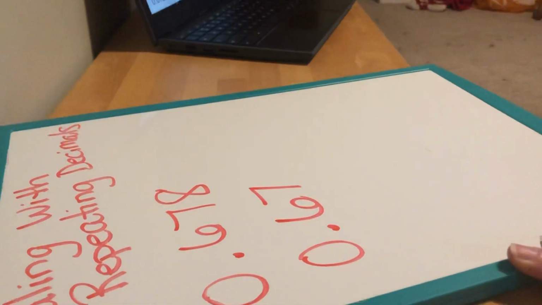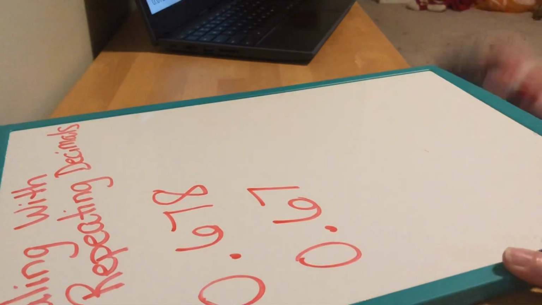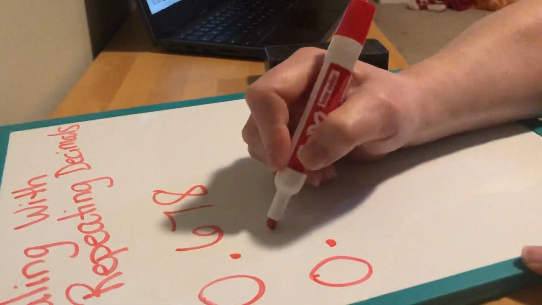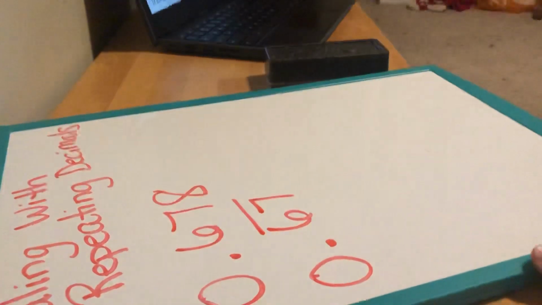We want to see which one is bigger, okay? The first thing we're going to do is write them underneath each other so that the tenths and the hundredths are all lined up, okay?